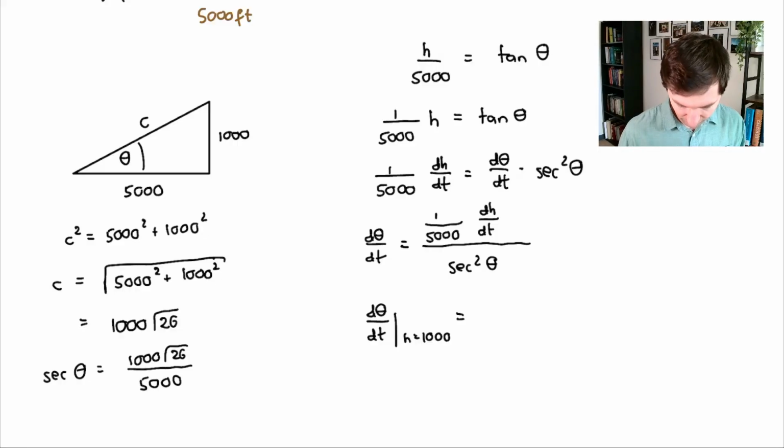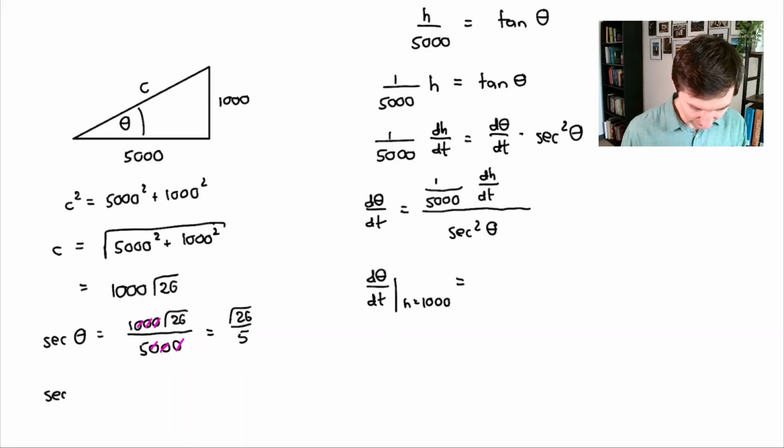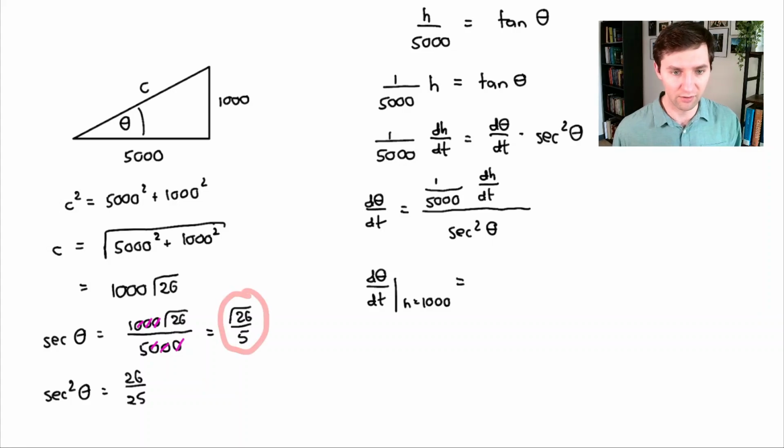If you cancel the zeros, this gives you square root of 26 divided by 5, which means that secant squared of theta is 26 divided by 25. I simply squared the numerator and the denominator.